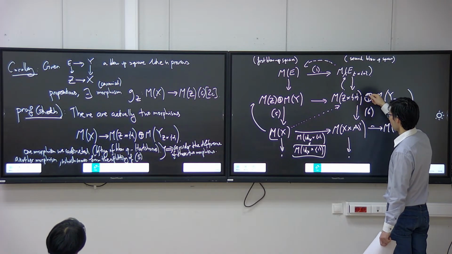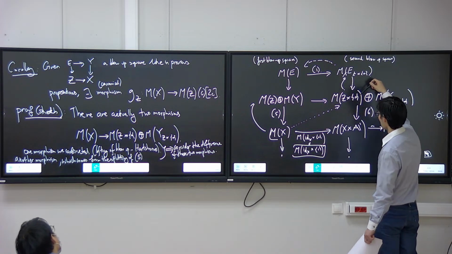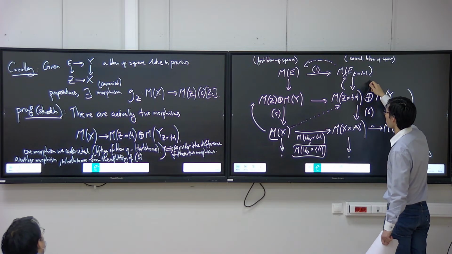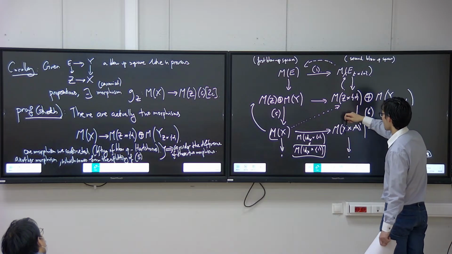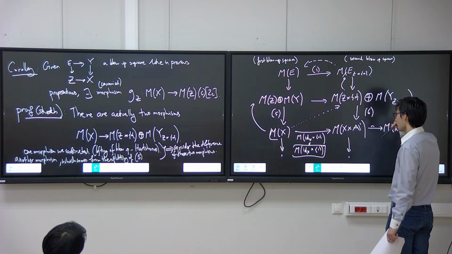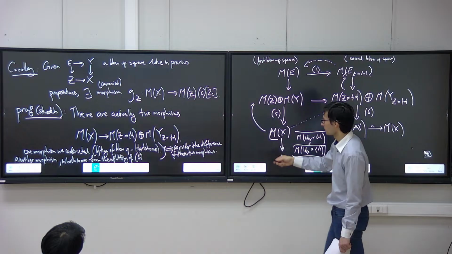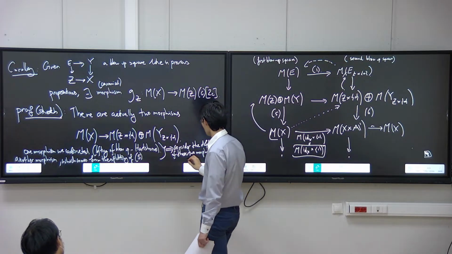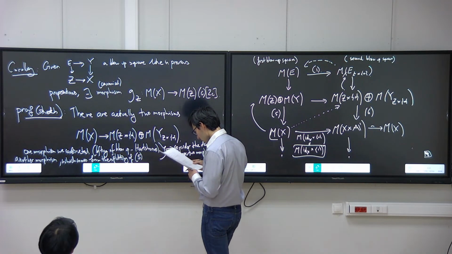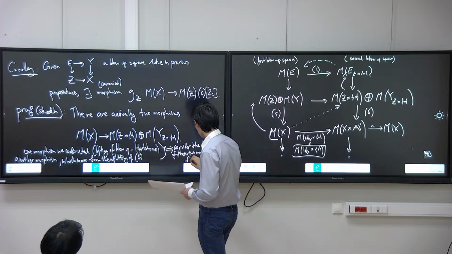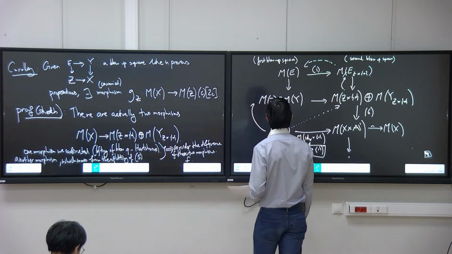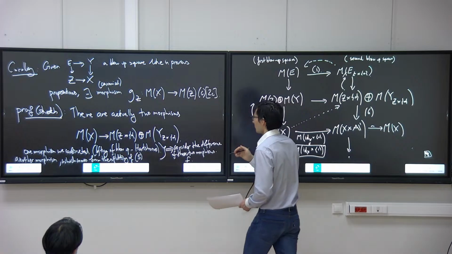If we consider the composition of the difference with 6, it becomes 0 here. So that means that difference, let's call this morphism F.